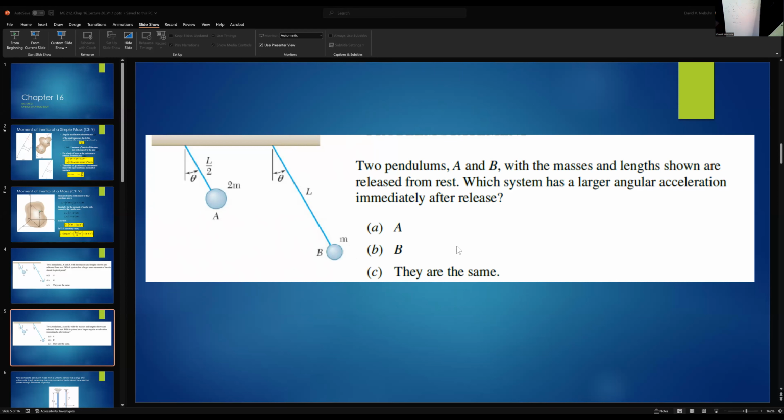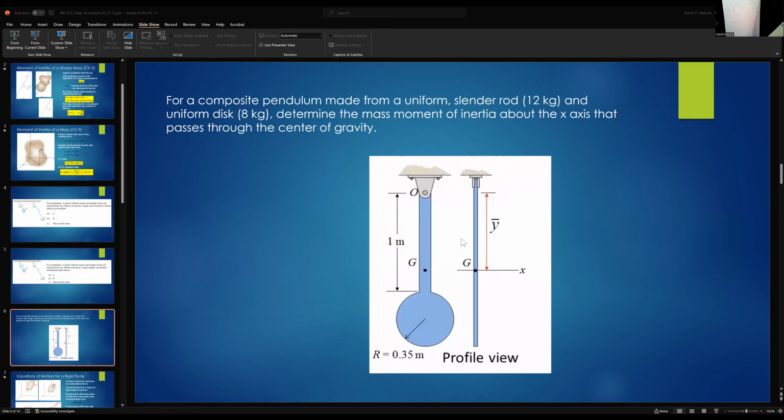But while we're still on this track, with moment of inertia, I want to show this example. I did show this in a couple of the classes, so if you've already seen it, you can fast forward. What this represents is calculating the moment of inertia for a composite body, which is the most I'm going to ask you in this class.